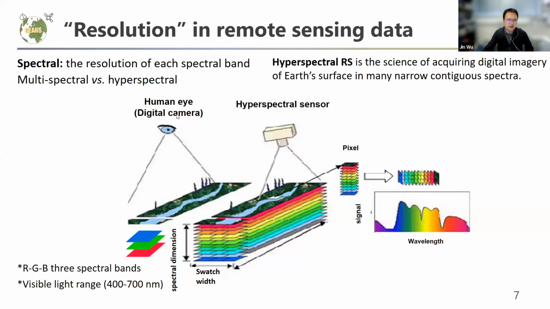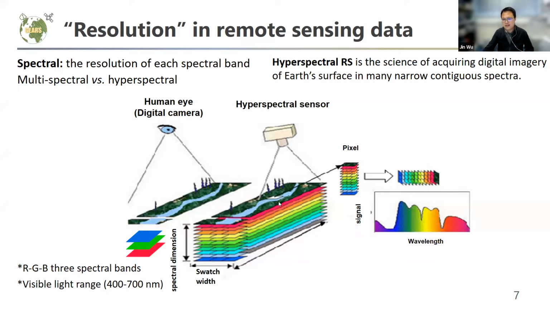Because a digital camera only has 3 spectral bands and only covers the visible light range, we classify it as multispectral remote sensing data. On the right panel is a hyperspectral sensor, a specialized camera.